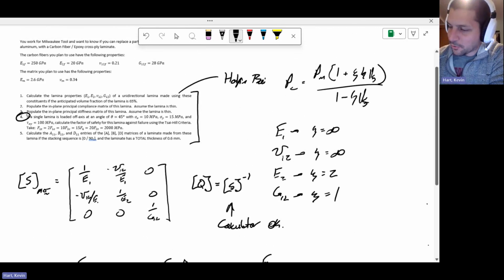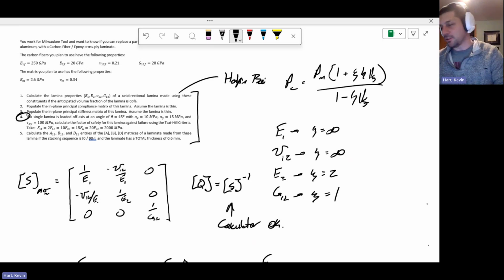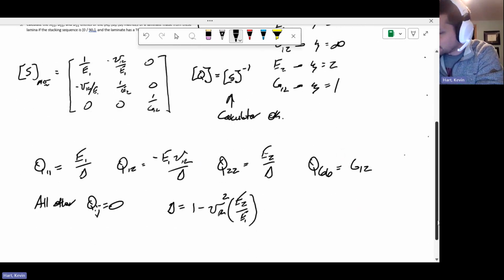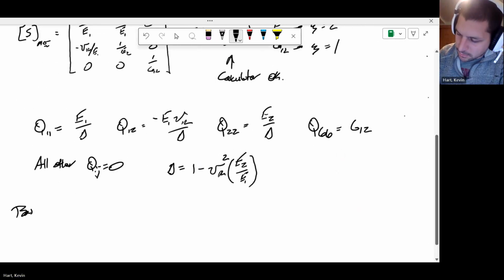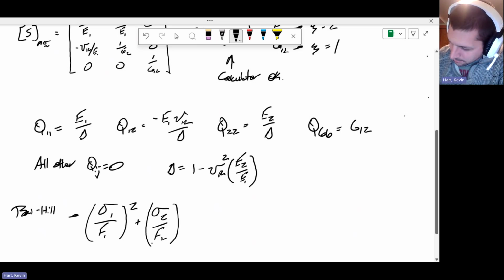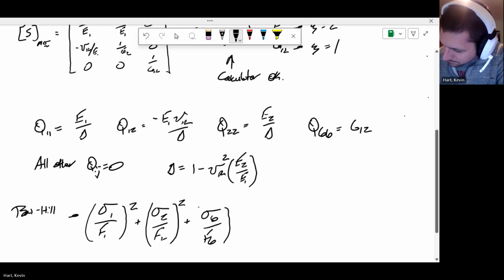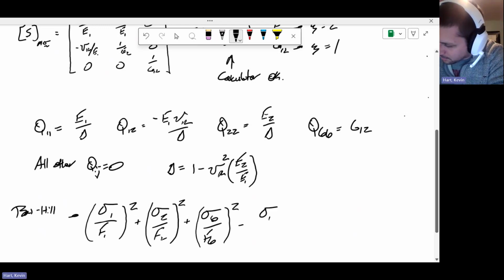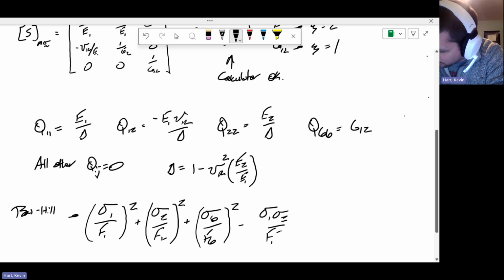All right. Next, number 4. If a single lamina is loaded off axis at an angle theta of 45 degrees with some stress, calculate the factor of safety using psi Hill. All right, so psi Hill, we recall, is going to be something like sigma 1 over F1 squared plus sigma 2 over F2 squared plus sigma 6 over F6 squared minus sigma 1 sigma 2 over F1 squared.